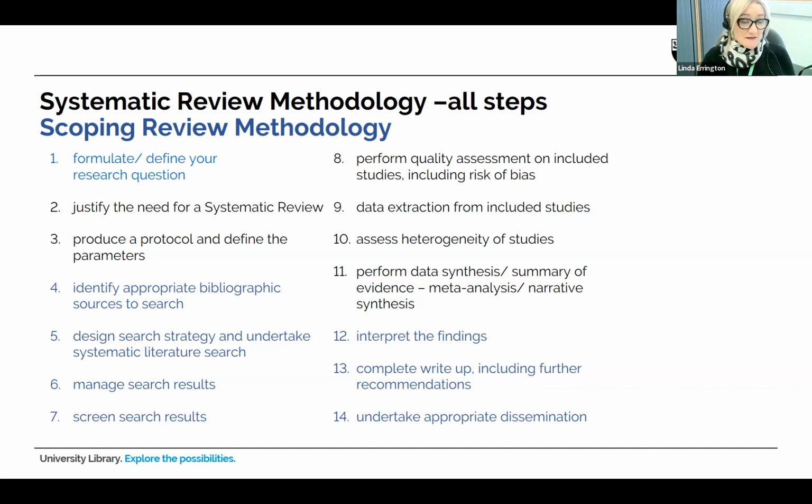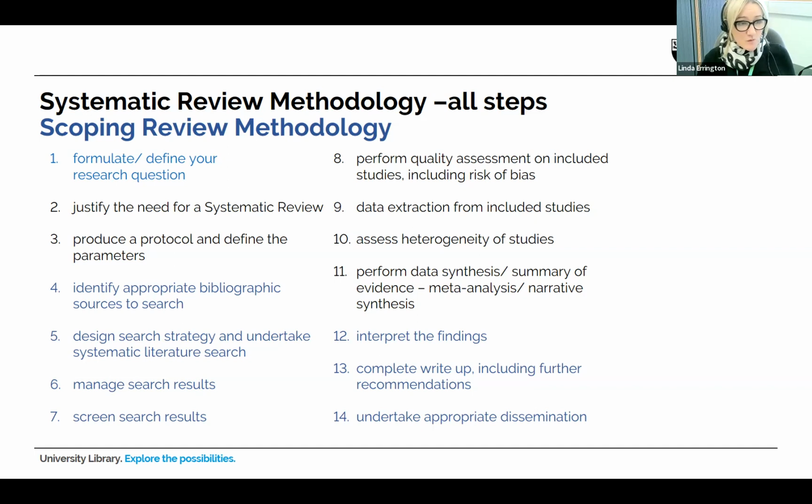Step 3, although not absolutely necessary for a scoping review, it is still good to have a protocol. It may not be published, but it can be very helpful for you to actually refer back to. Reviews can be quite a commitment, and there may be times when you question what your initial reasoning was, and the protocol can help with that. So it will help you keep on track, basically.